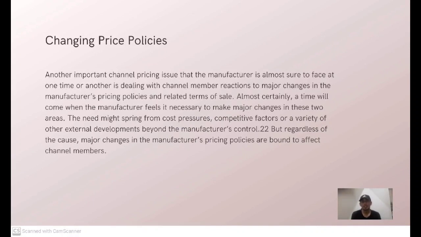The need might spring from cost pressure, competitive factors, or a variety of other external developments beyond the manufacturer's control. But regardless of the cause, major changes in the manufacturer's pricing policy are bound to affect channel members.